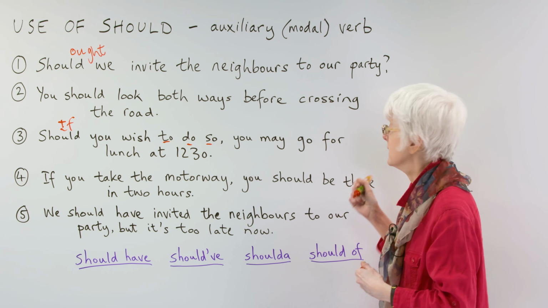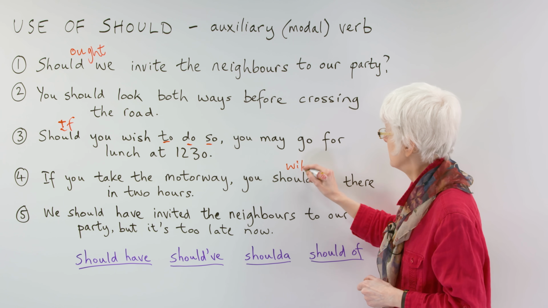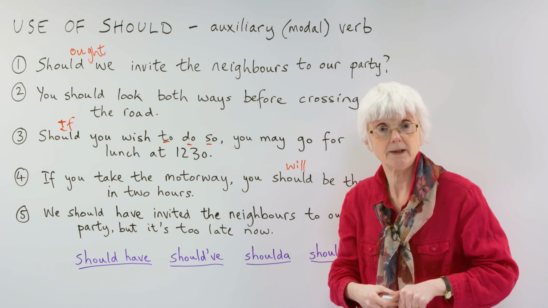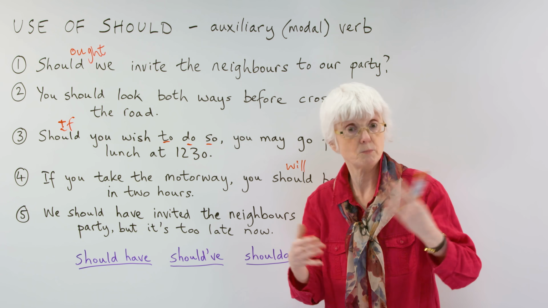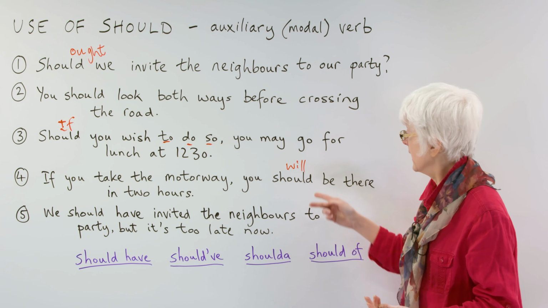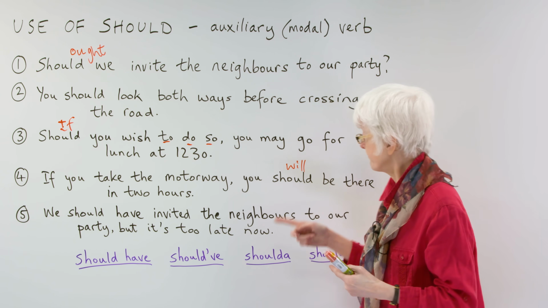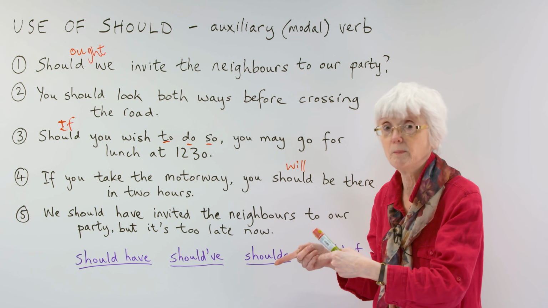Instead of saying will, I mean, that person doesn't know for sure you will be there in 2 hours. Nobody can predict. But you should be 99% sure that you will be.